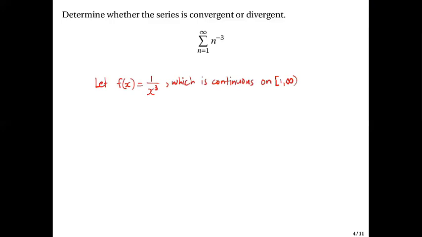And we know that this is greater than or equal to 0 for all x on this interval. Also, for x greater than or equal to 1, 1 over x cubed is greater than 0. And furthermore, this is decreasing.